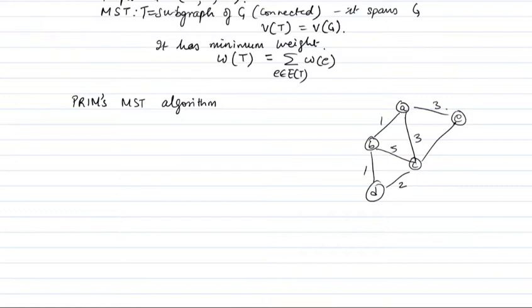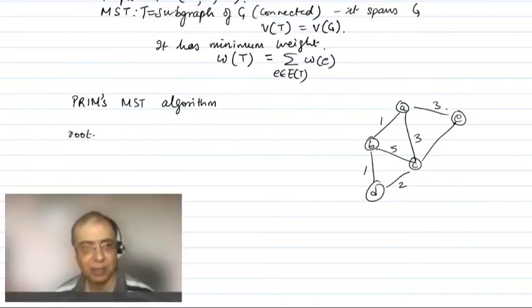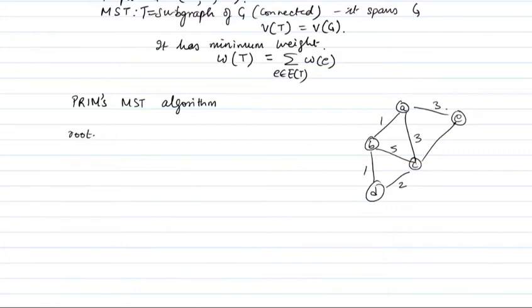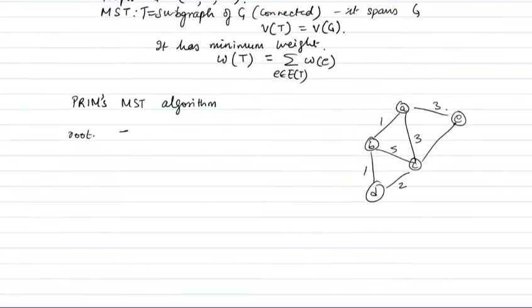Okay, so how does Prim's algorithm proceed? It starts with some vertex. Let's call that the root. The root is some vertex from which the algorithm is going to start, right? Every vertex is eventually going to be included, so it's all right if you start with any vertex. It maintains a set which is eventually going to be our tree.